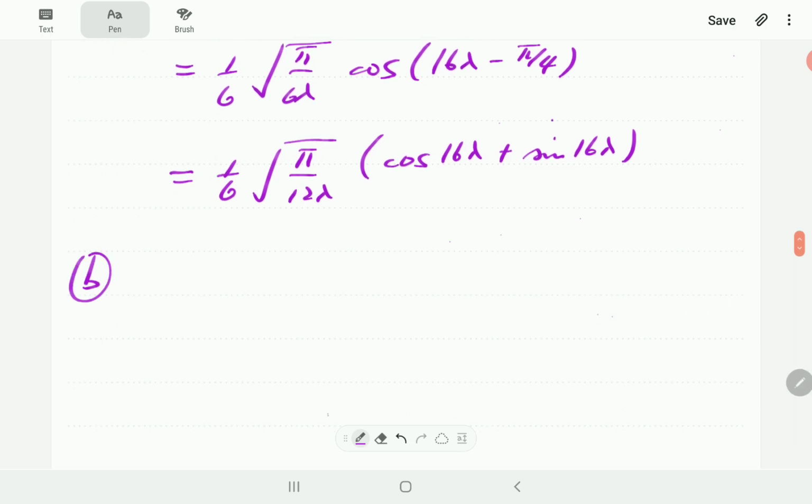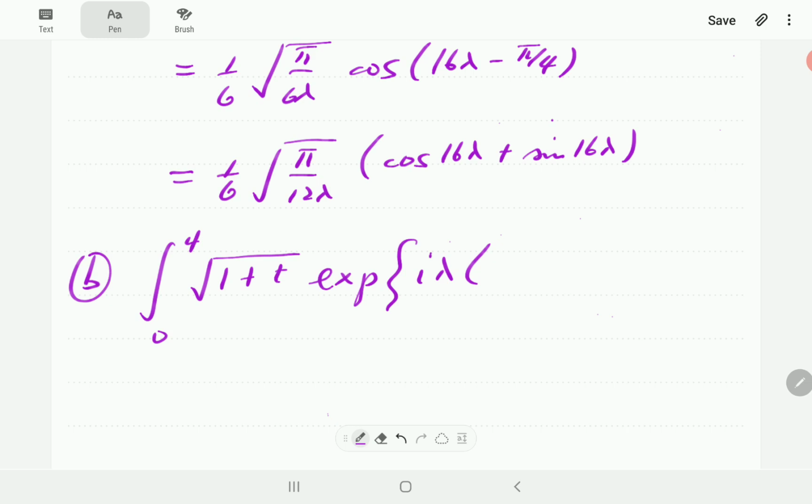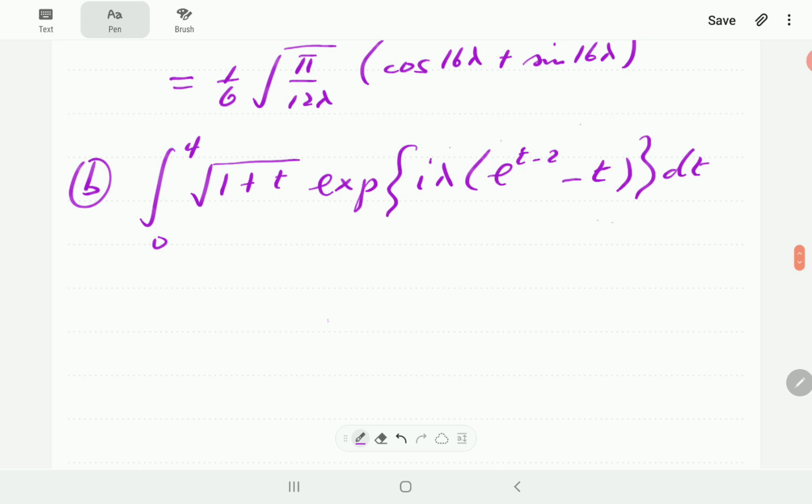Then in number 2, we have the integral from 0 to 4 of the square root of 1 plus t times the exponential of i lambda times e to the power t minus 2 minus t, dt.